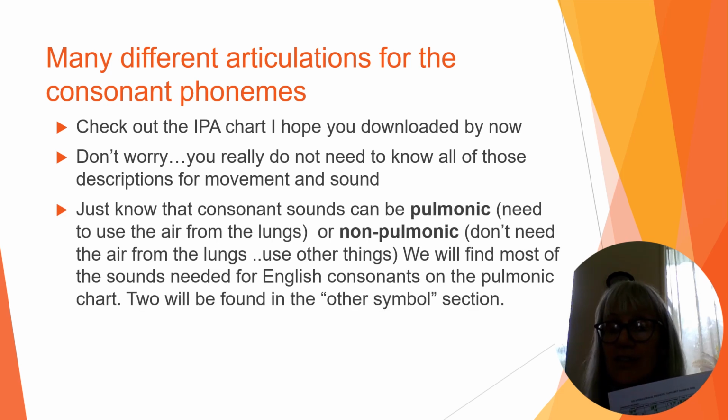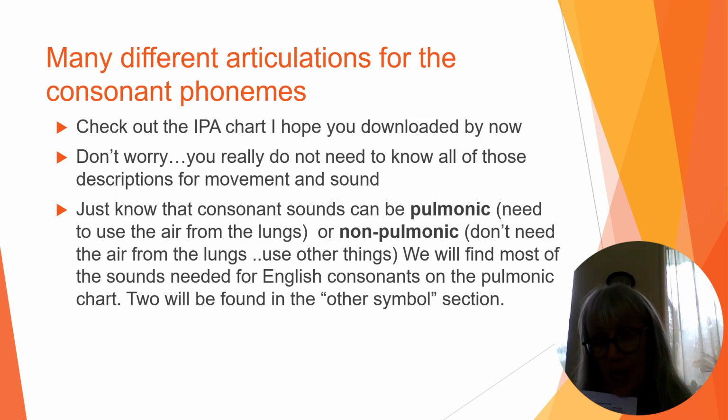Just know that the thing I want you to know about this chart and about consonant sounds is that they can be pulmonic or non-pulmonic. A pulmonic consonant sound means that we're using the air from the lungs to make the sound, okay? A non-pulmonic consonant sound is that we do not need the air from the lungs.